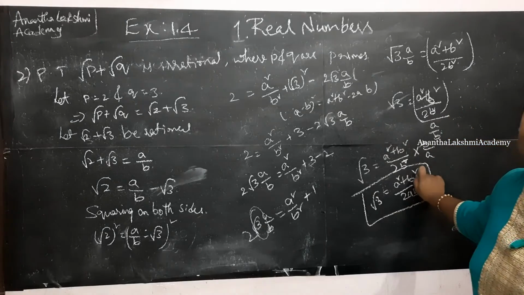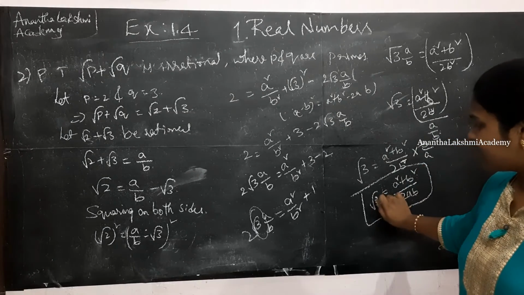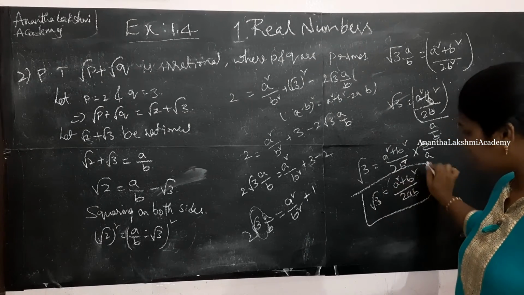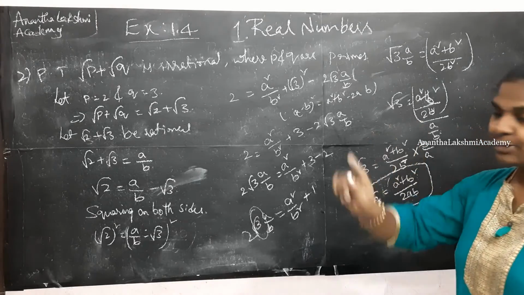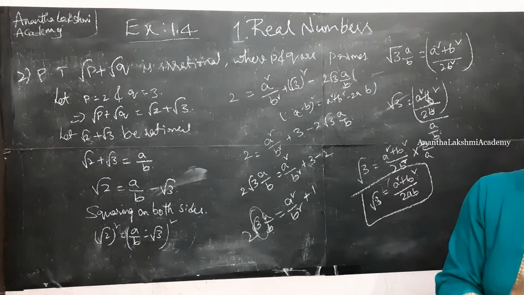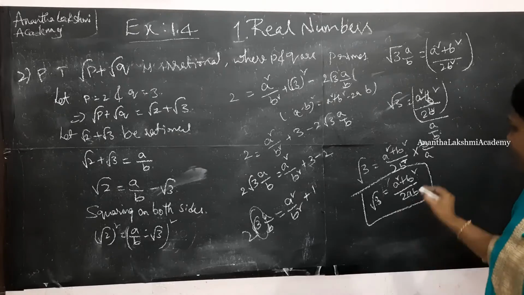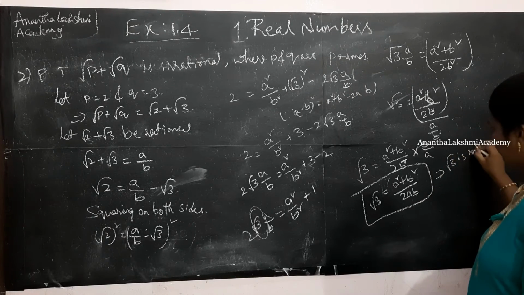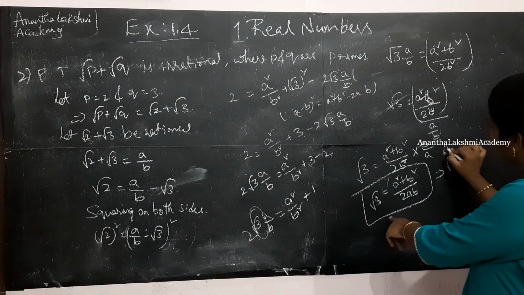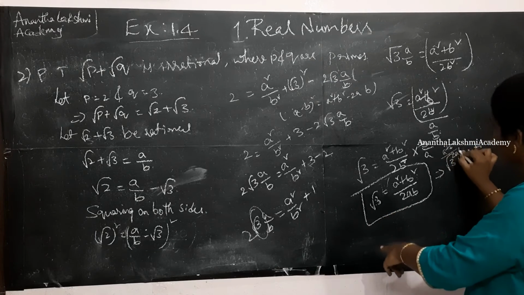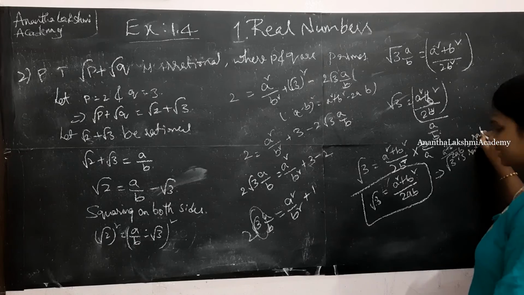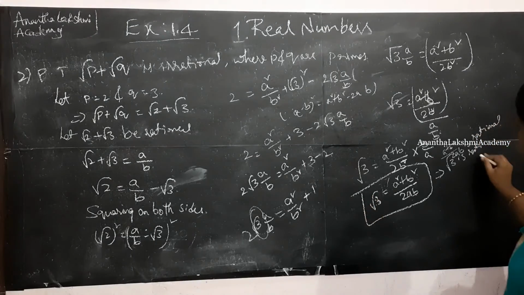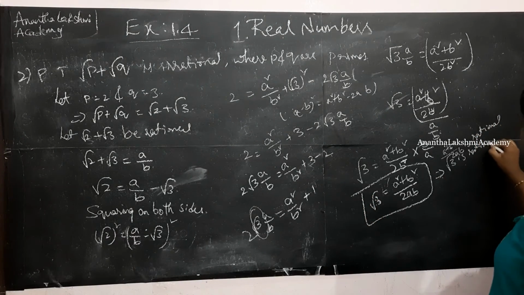This implies root 3 is rational. But we have already proved that root 3 is irrational, right? So the first statement should be that a square plus b square by 2ab is rational, which implies root 3 is rational.